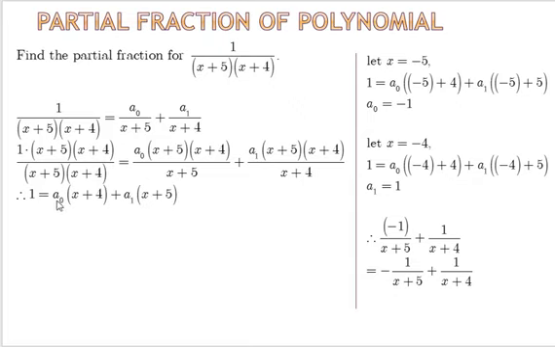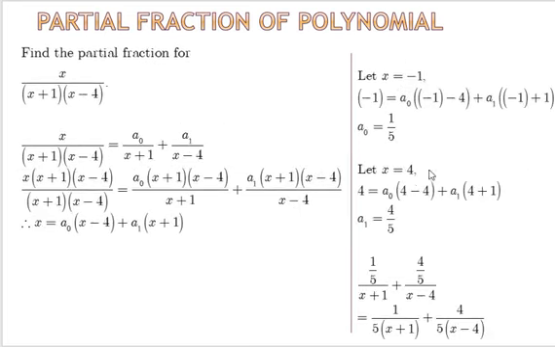The same goes for this one. Now we cancel off the other term by assuming x equals -4. When you put x equals -4, the front part, which is a0, becomes 0, and in this one you get 1. So a1 equals 1. So now you have a0 equals -1 and a1 equals 1. Just place it back into the function over here, and you have the answer.